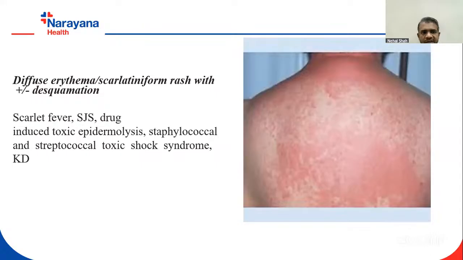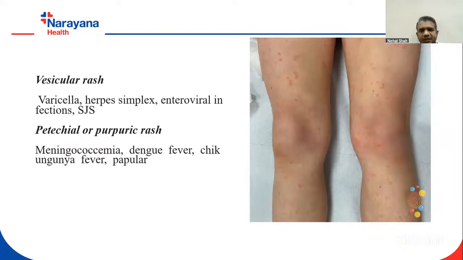Now, diffuse erythema or scarlatiniform rash with or without desquamation. So, scarlet fever, which is the most common differential diagnosis of Kawasaki disease, presents with this kind of diffuse erythematous rash, with or without desquamation. Then Stevens-Johnson syndrome, drug-induced toxic epidermal necrolysis, streptococcal toxic shock syndrome, and Kawasaki disease are all known to have similar presentations.